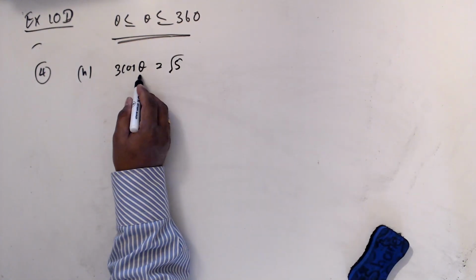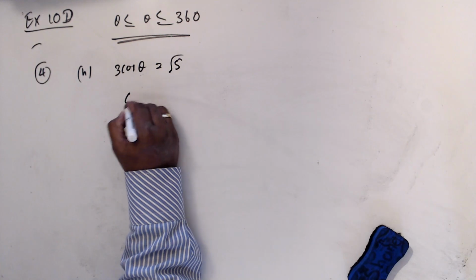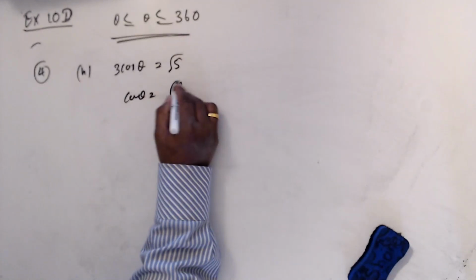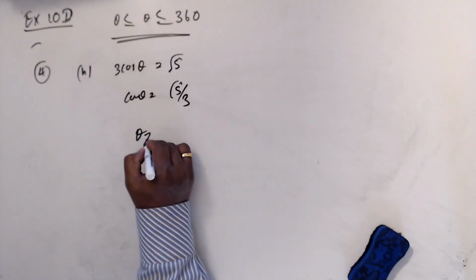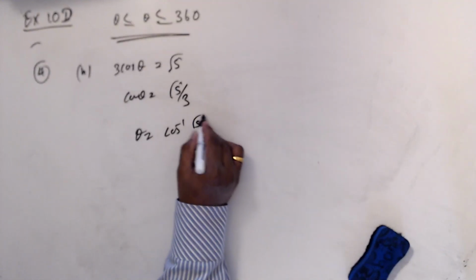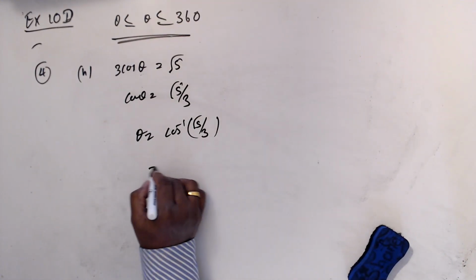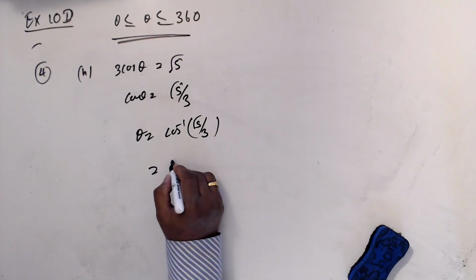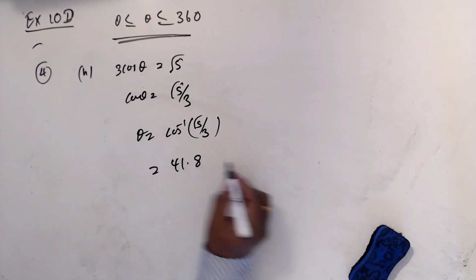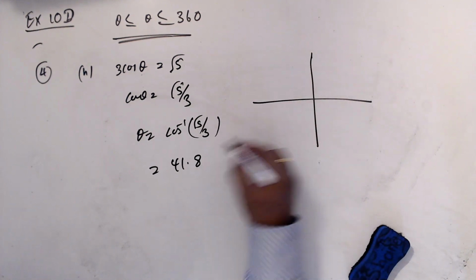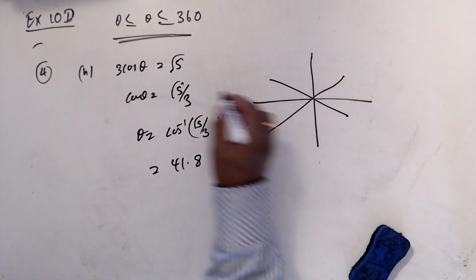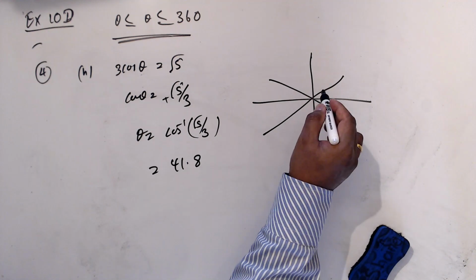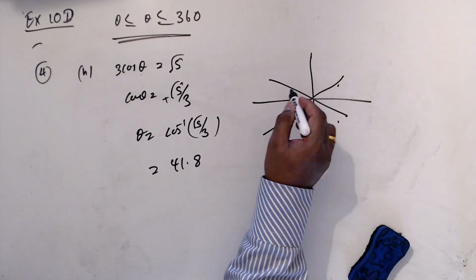This is 3 cos theta equal square root 5. Cos theta is square root 5 over 3. Theta equal cos inverse square root 5 over 3. This is 41.8. We got the acute angle. Cos is positive on this one and this one.